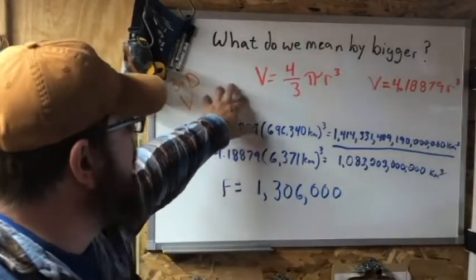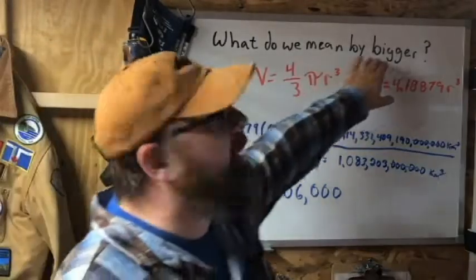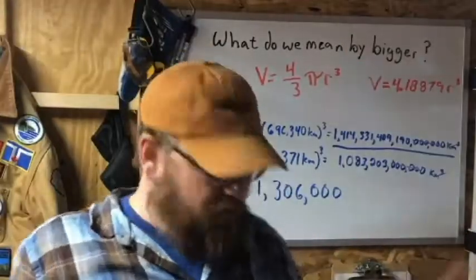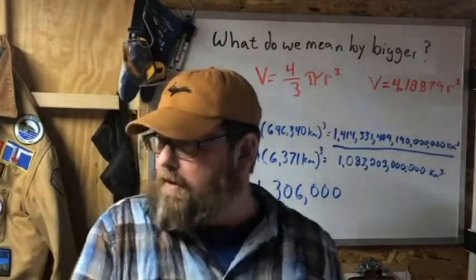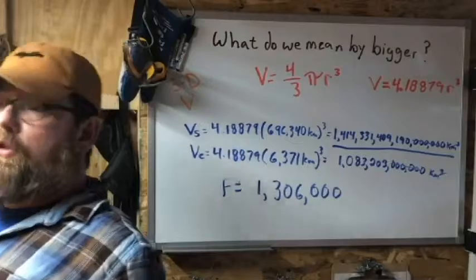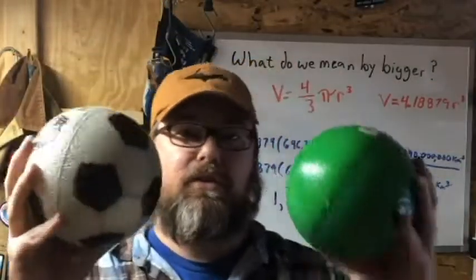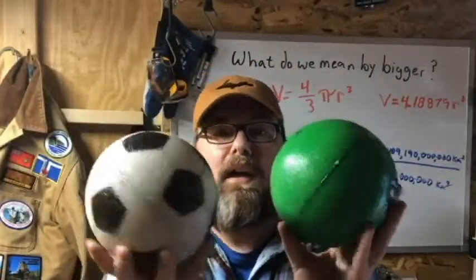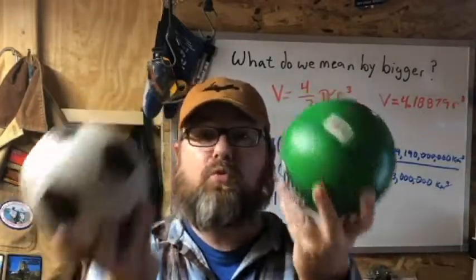This, to me, if you're talking about bigger, just size-wise, how much larger is something compared to something else? Because if I just show you these two side by side, just by looking at them, you don't know which one is more massive.